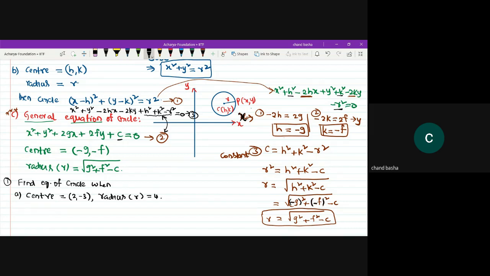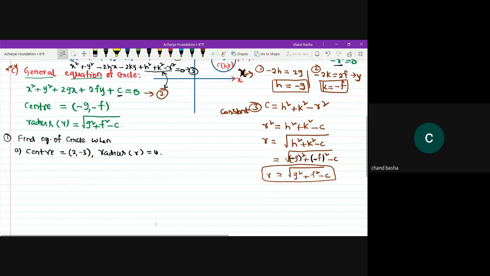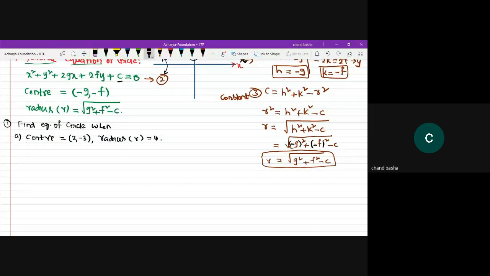So whenever we have center and radius, I can make use of the second formula. Just listen carefully. Given center (h, k) is equal to (2, minus 3). Radius r is equal to 4. What is the circle equation?